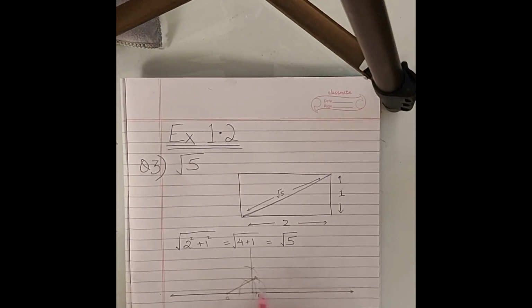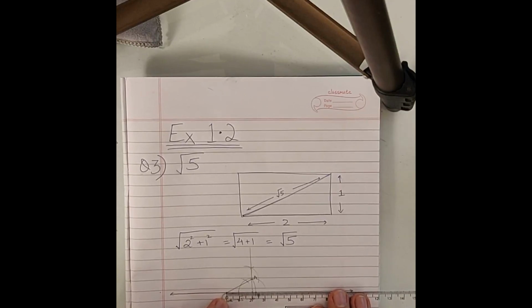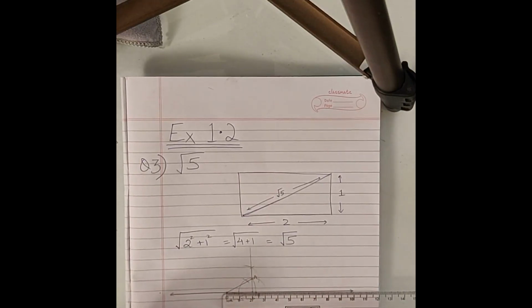OB for me is the required length on the number line of root 5. If I am to measure OB with a scale, it comes out to be somewhere between 2.2 and 2.3.